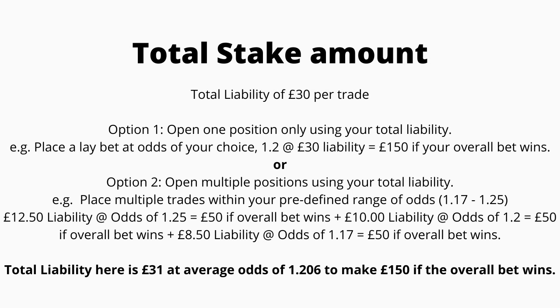Let's imagine now we trade typically with a liability of £30 per trade. You'll always have a minimum of two options. You can either open one position and basically use your whole liability amount, or you can open multiple positions using your total liability.